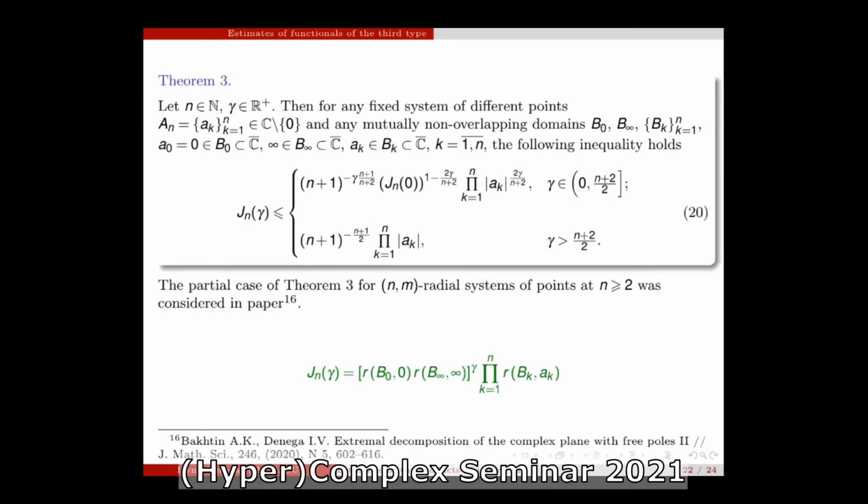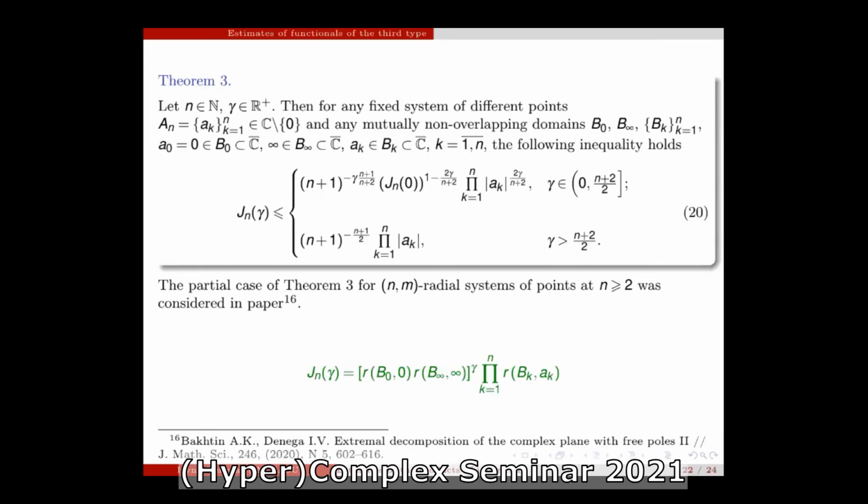J_n of gamma is less than or equal to (n+1)^(-gamma) ((n+1)/(n+2)) J_n of 0 to the power (1 minus 2 gamma over n+2) times product k from 1 to n of modulus a_k to the power 2 gamma over n+2, if gamma is from the interval (0, (n+2)/2].